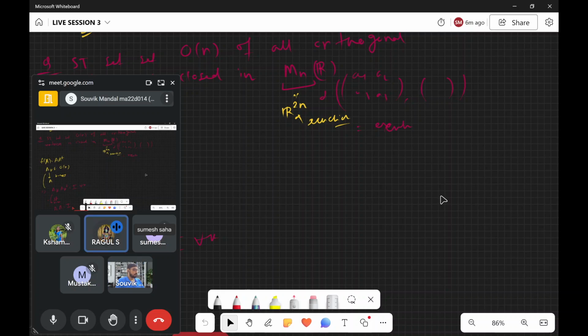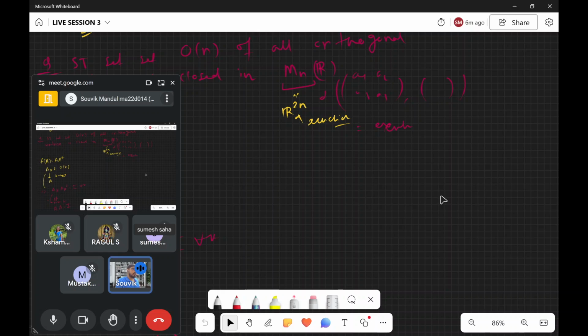So I can have limit of the product of AK and AK transpose is equal to the product of limit of AK and limit of AK transpose, which again is A into A transpose, which is I. So A belongs to the set of orthogonal matrices O of n. So this way is correct.